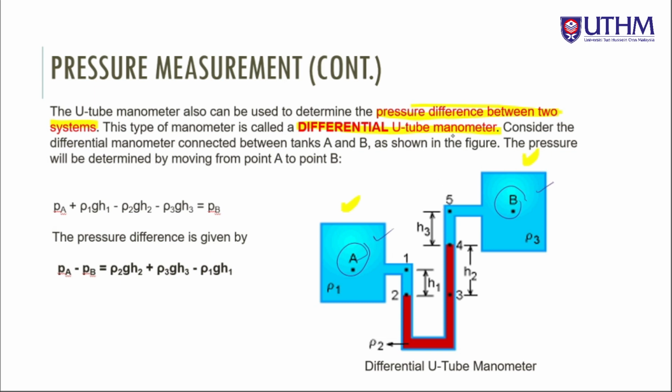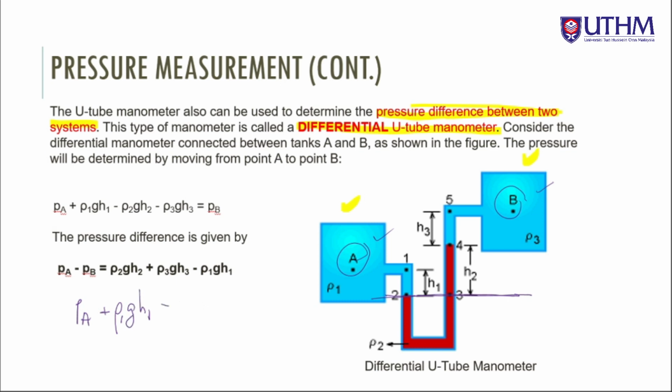Okay. So yang ni contoh consider the differential manometer connected between tanks A and B as shown in the figure. The pressure will be determined by movement from point A to point B. So macam tadilah, kita consider yang ni sebagai dia punya tempat pertemuan dia. So kita consider on the left hand side kita ada PA plus rho 1 GH1.